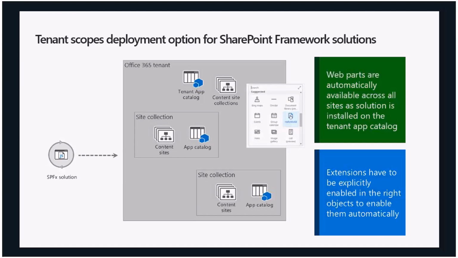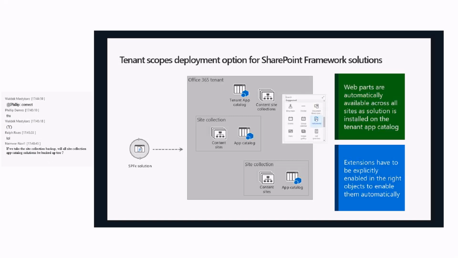If your business scenario means that we need the exact same footer or header in all of our site collections across the whole tenant, then you absolutely use the tenant scope deployment option. Then, as part of your site provisioning, for example in your site design or custom provisioning, you enable that extension whenever the site is created. Hopefully that made sense.